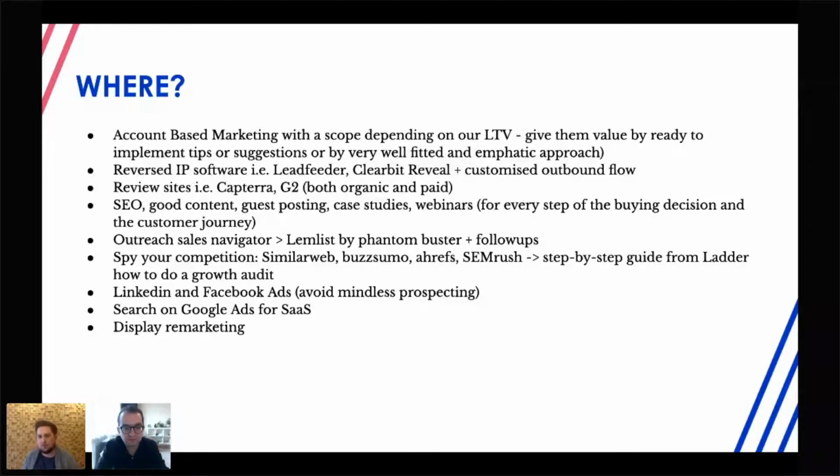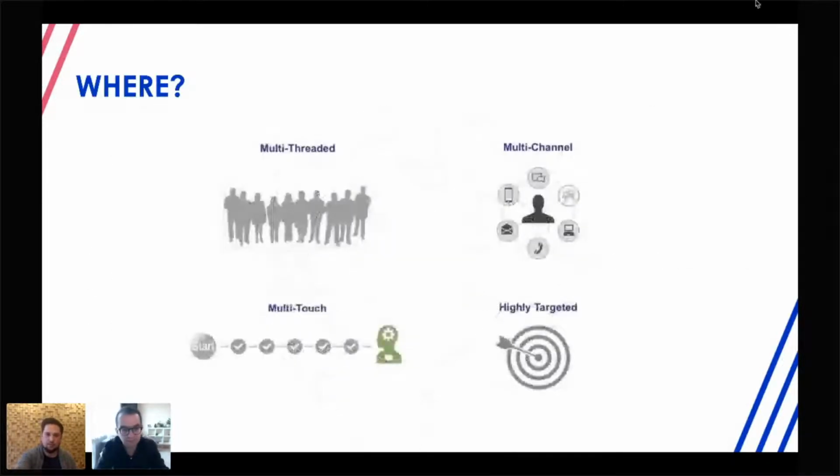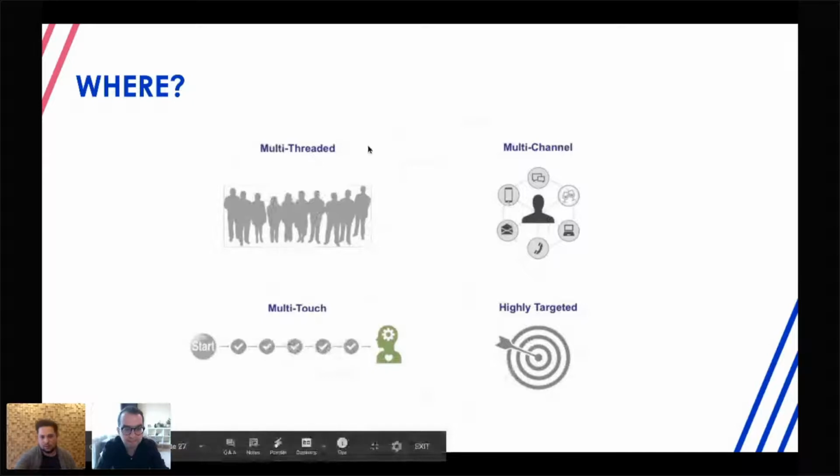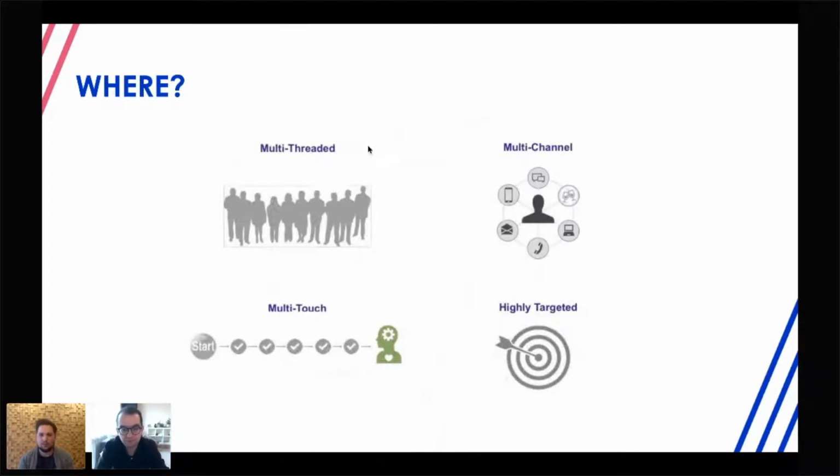So account-based marketing is basically marketing defined by these four aspects. It is very highly targeted marketing with a multi-touch strategy. It's a specific strategy that takes all these aspects into account, and is focused on quality over quantity.